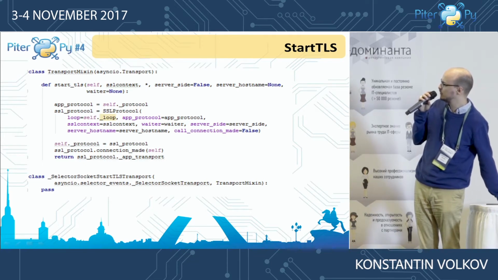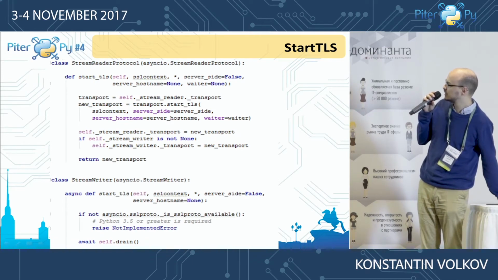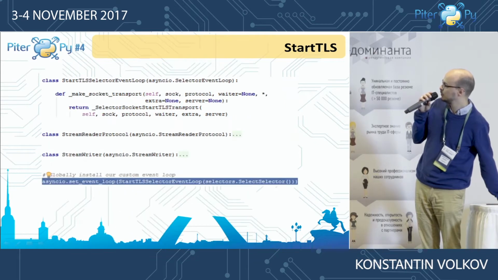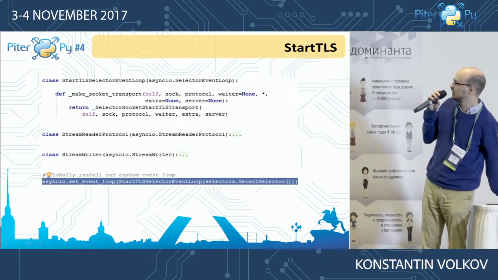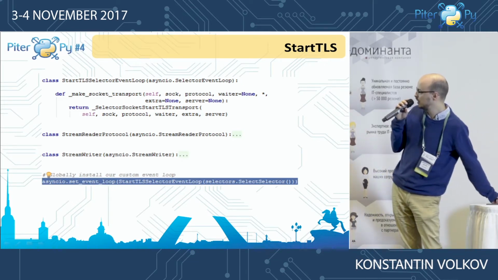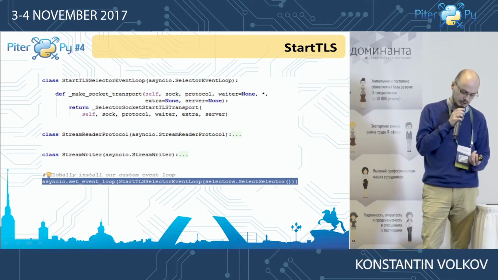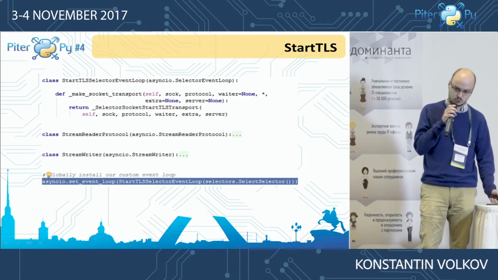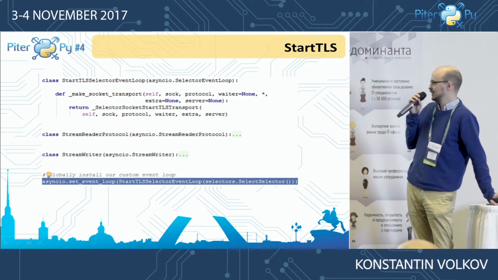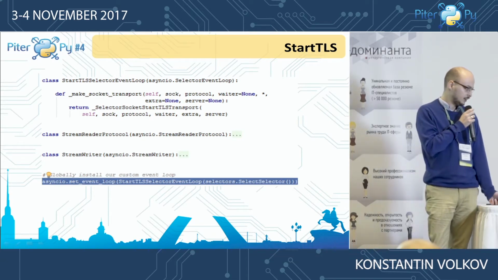We introduced links and we disassembled stream reader, stream writer, and after that we inherited the selector loop, and the bottom line is that's how we put it all into it. So it was quite a heavy patching of asyncio, and we didn't feel like starting production with it.